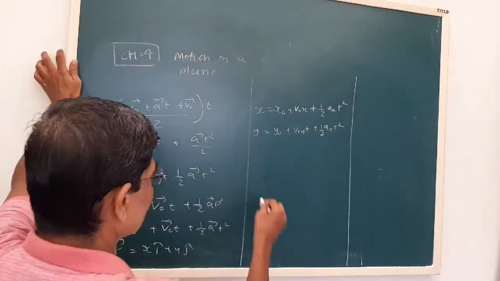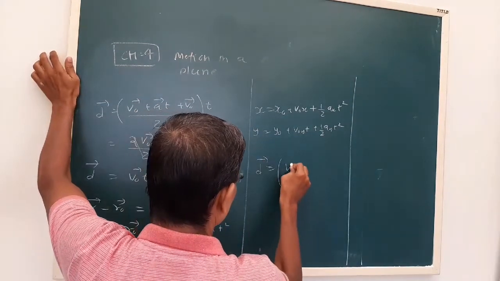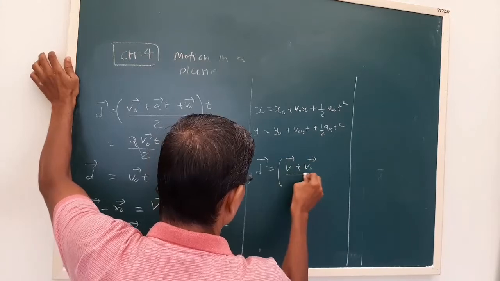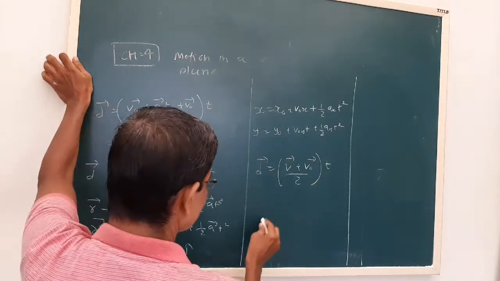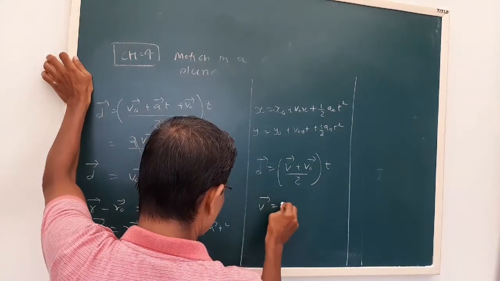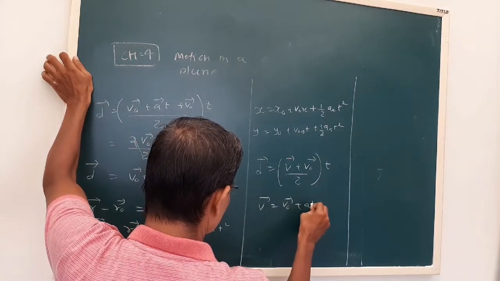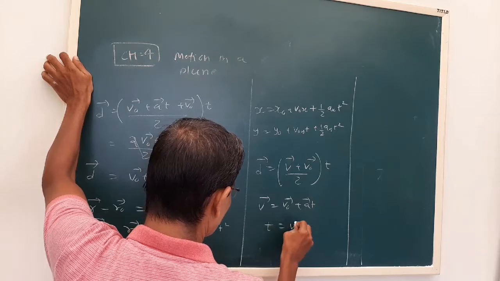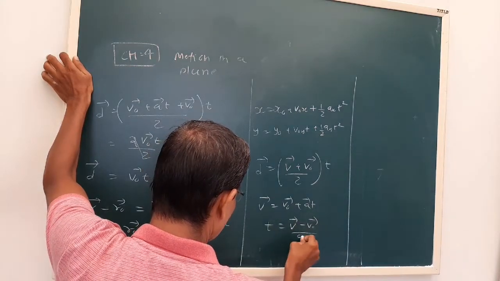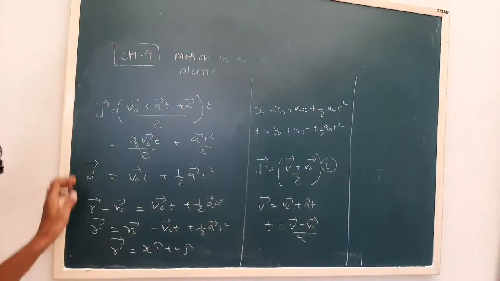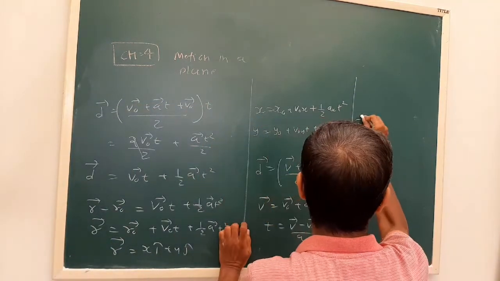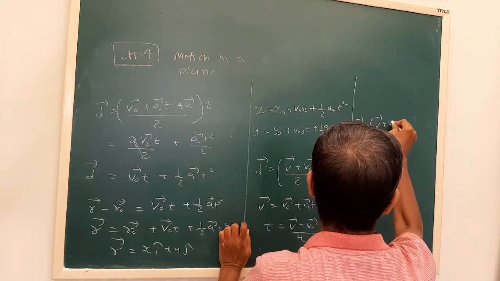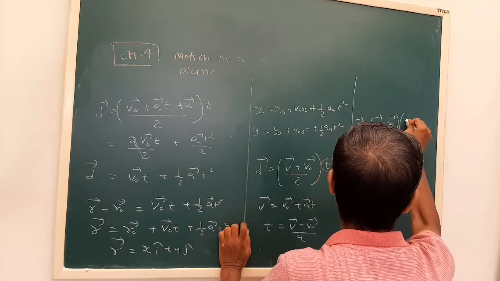Now our third equation, d is equal to v plus v0 by 2 into t. We have derived v is equal to v0 plus at. So t will be equal to v minus v0 upon a. That I substitute here, that is d is equal to v plus v0 by 2.